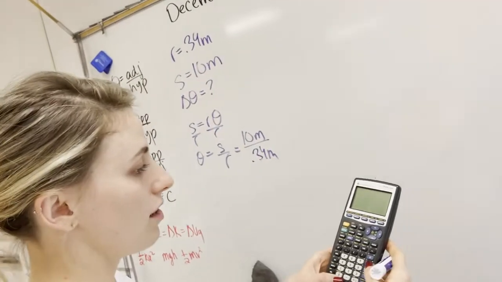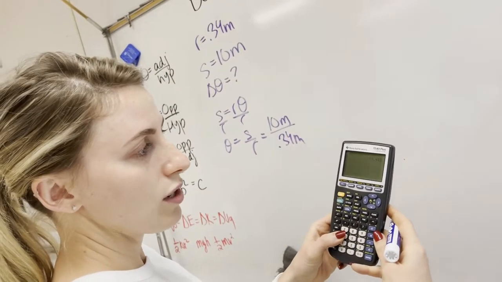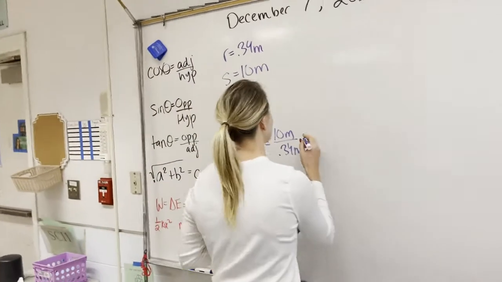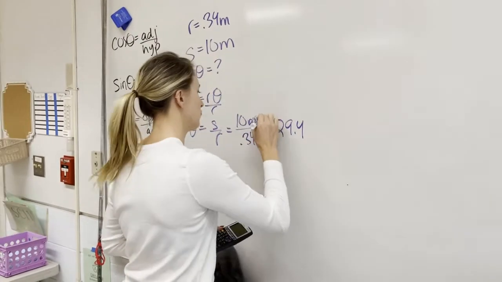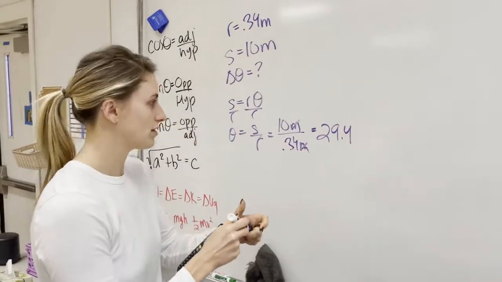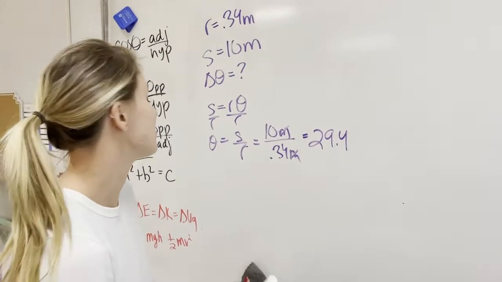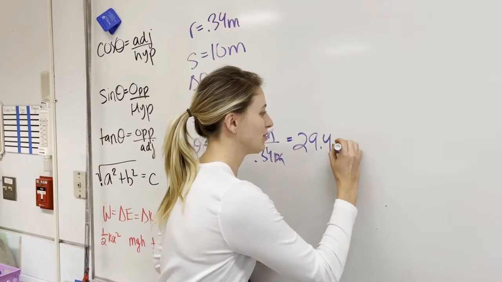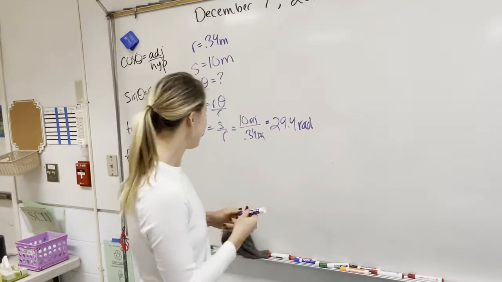So 10 divided by 0.34, and I get 29.4. What are the units going to be? The meters cancel, and the unit of angular measure is radians. They cancel out completely, but they create radians. Simple, no? It's easy.